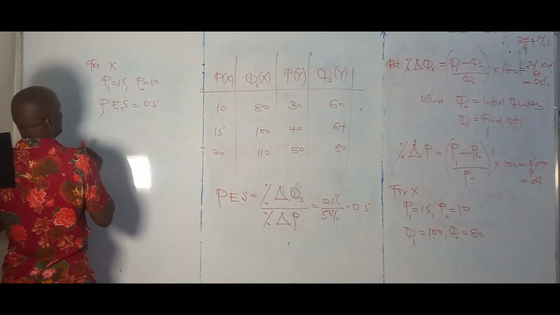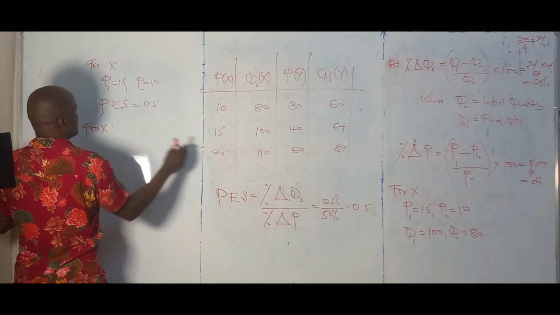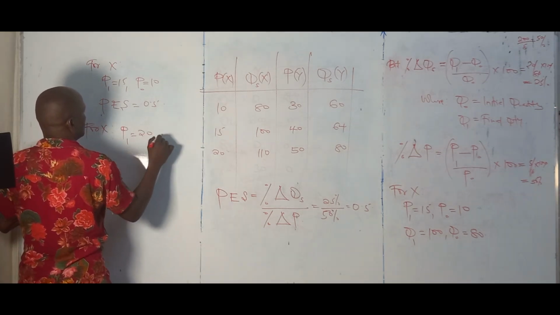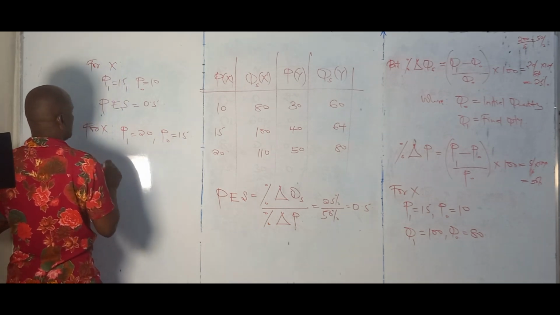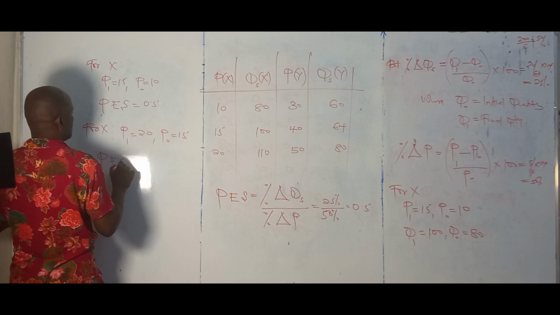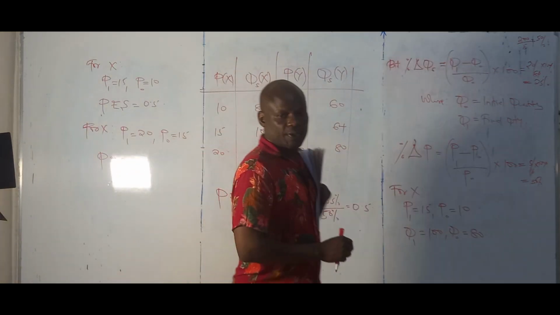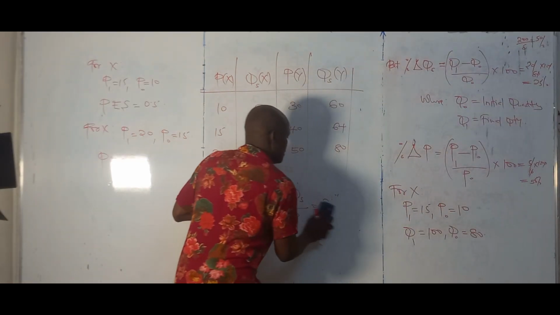But then for X, when now the price range is 20, I have P1 is 20 and P0 is 15. Then PES should be, now I again see what it will be.